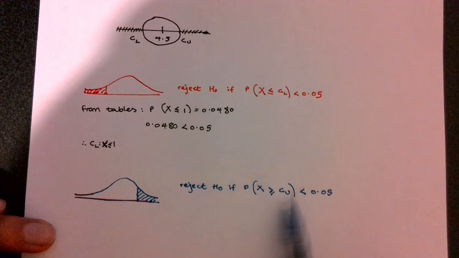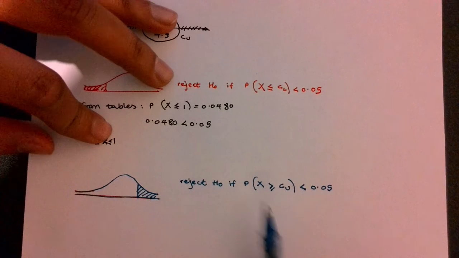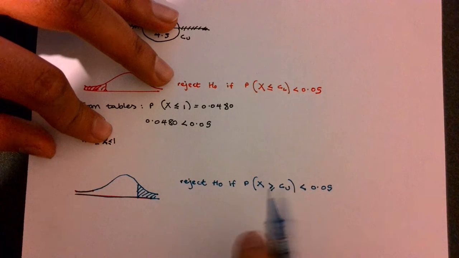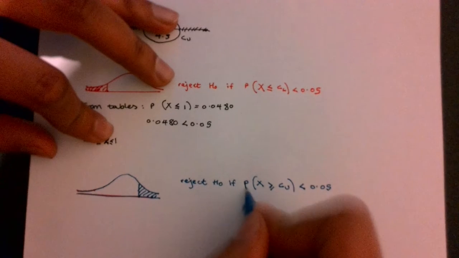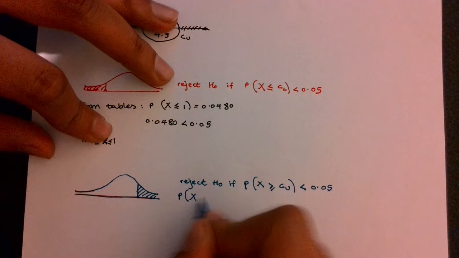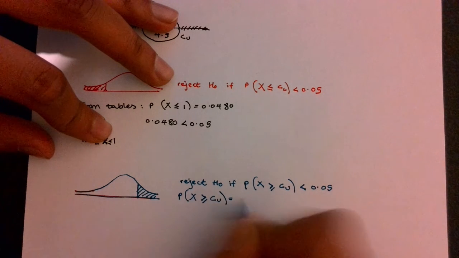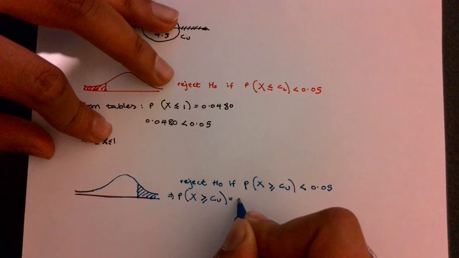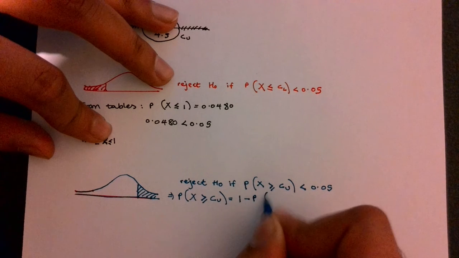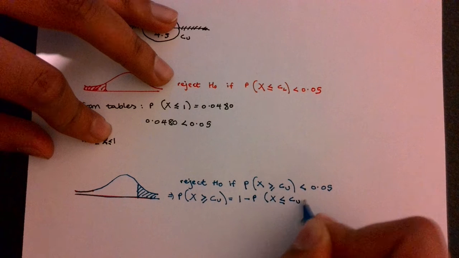Now the problem is, as with binomial distributions we saw in previous questions, whenever we have x being greater or equal to a certain value, we change that round to say that the probability that x is greater or equal to Cu is the same as 1 minus the probability that x is less than or equal to Cu minus 1.